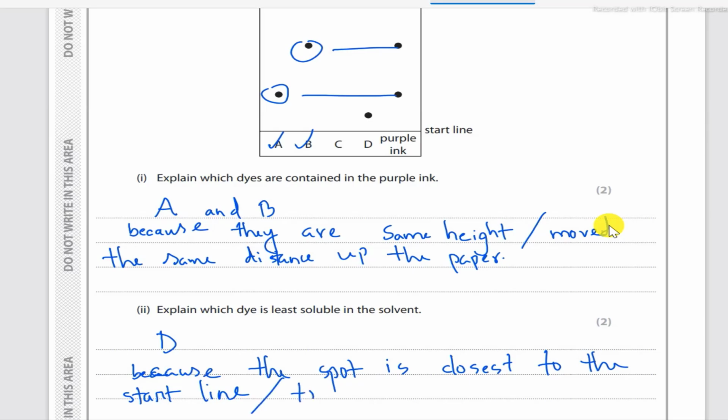Or traveled the least distance. Or has the lowest RF value.